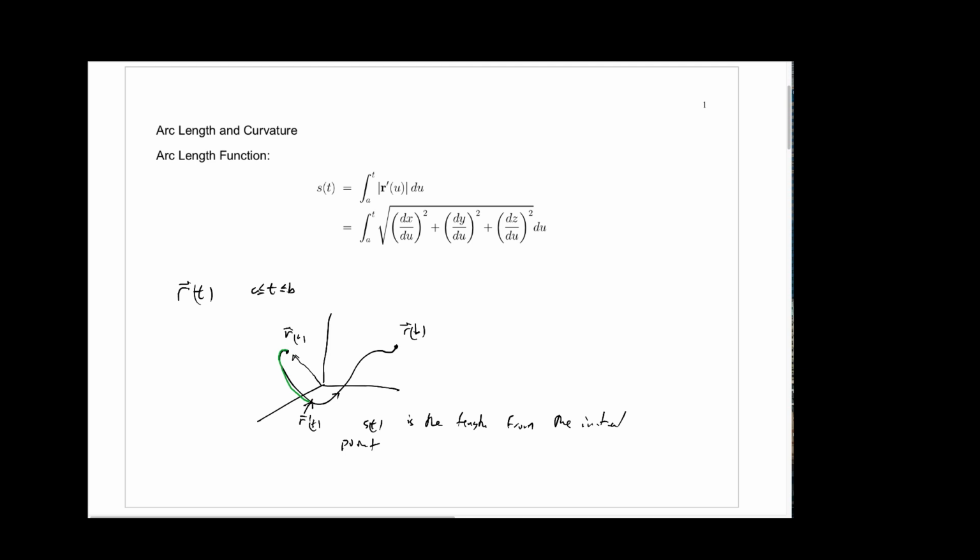As t increases from a to b, we'll see that s of a is 0, just the integral from a to a of the length of r prime of u du, and s of b is the total length of the curve.